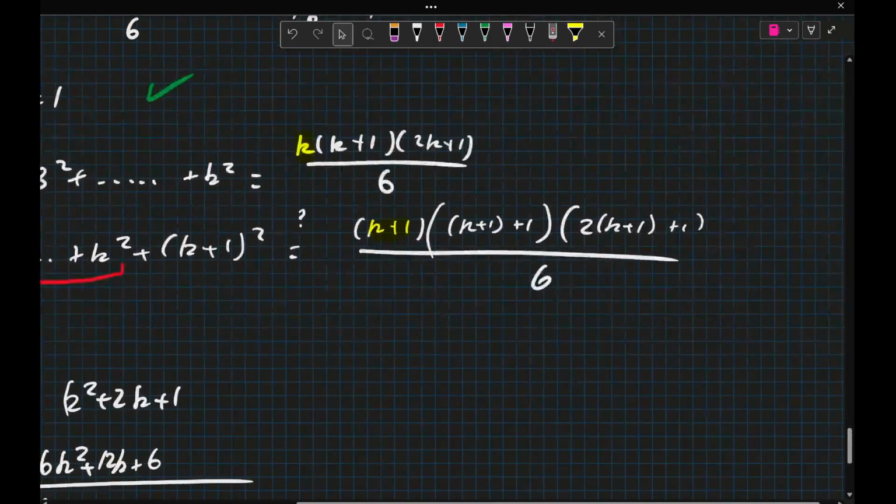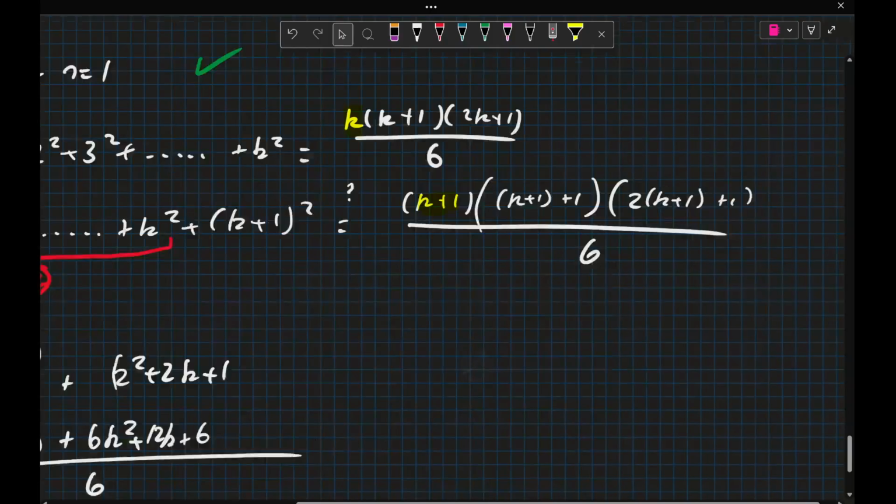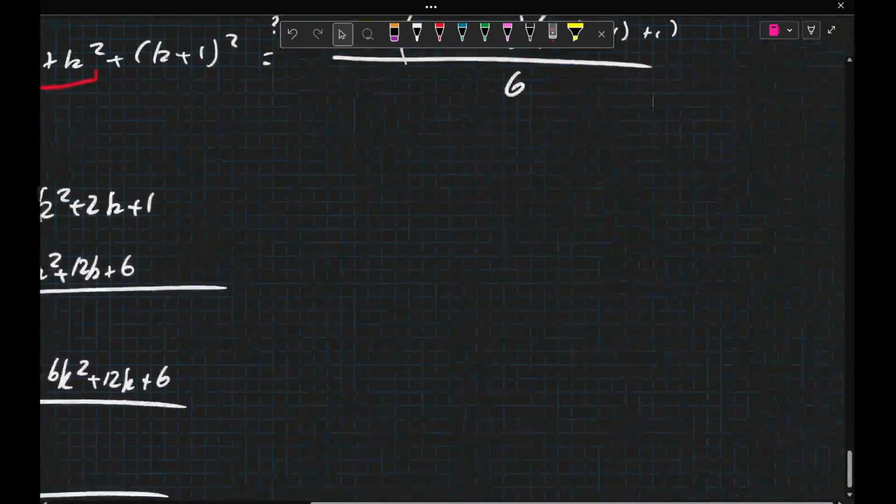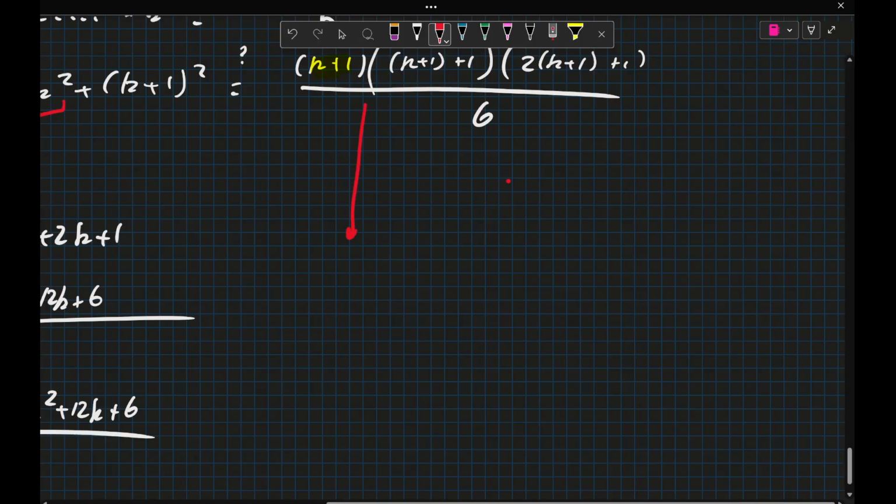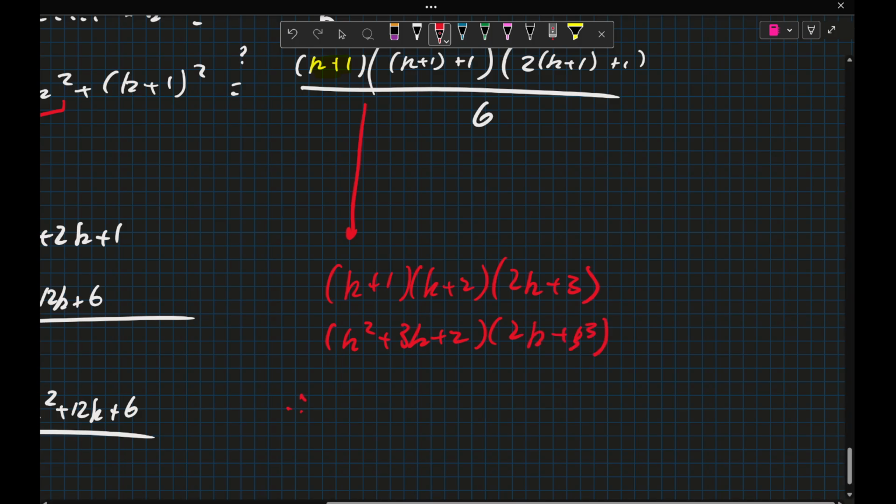Okay, so what we're aiming at is this. If we bring this down, it simplifies to k plus 1 times k plus 2, and then 2k plus 3. Now if we expand this, we'll get k squared plus 3k plus 2, and 2k plus 3, not 13. So multiplying, we get 2k cubed plus 3k squared plus 6k squared plus 9k plus 4k plus 6.